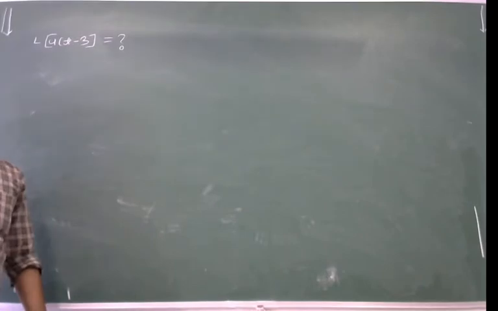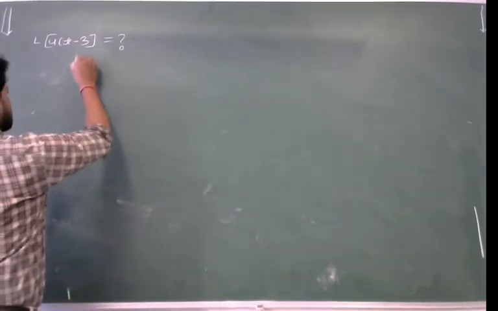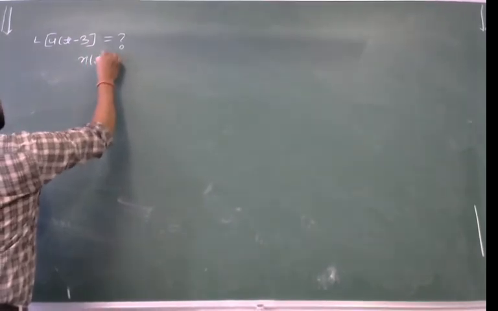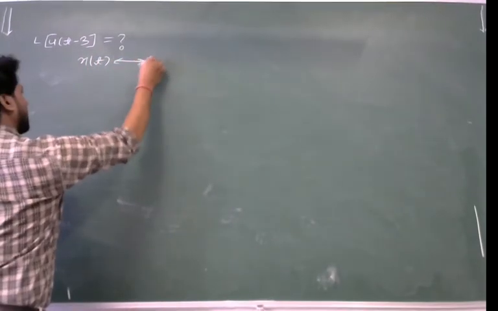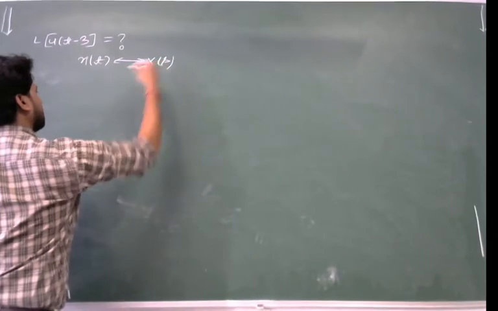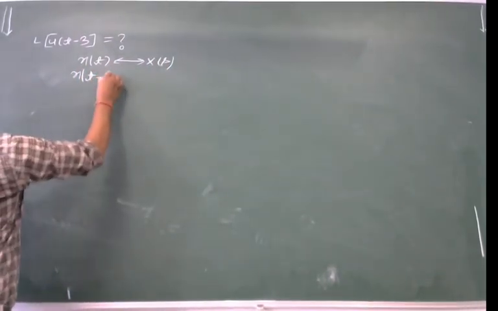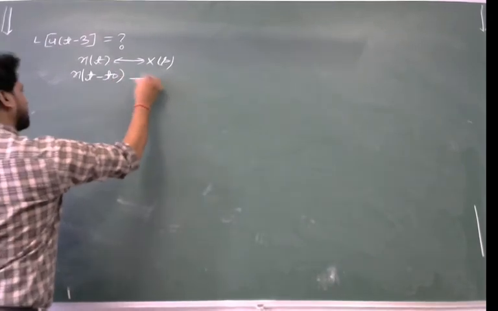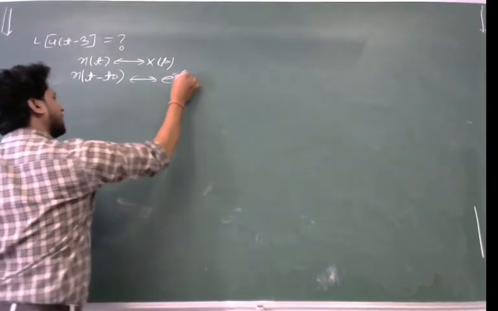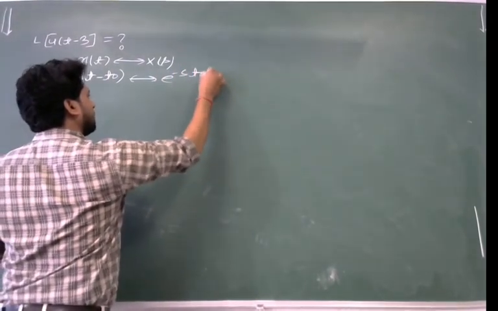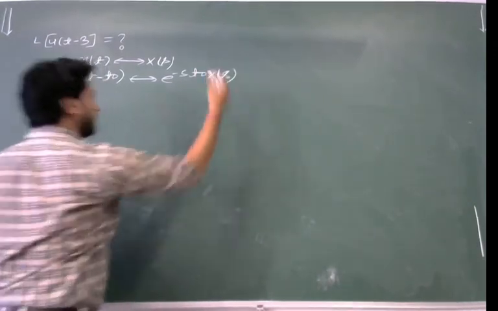This example is based on the time shifting property of the Laplace transform, which states that if the signal x(t) has Laplace transform equal to X(s), then x(t minus t naught) will have the Laplace transform e power minus s t naught into X(s).